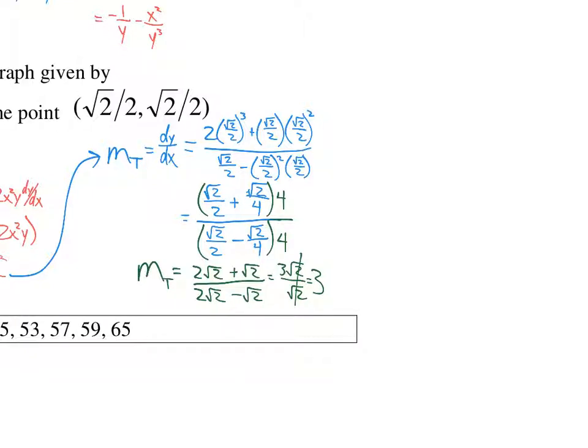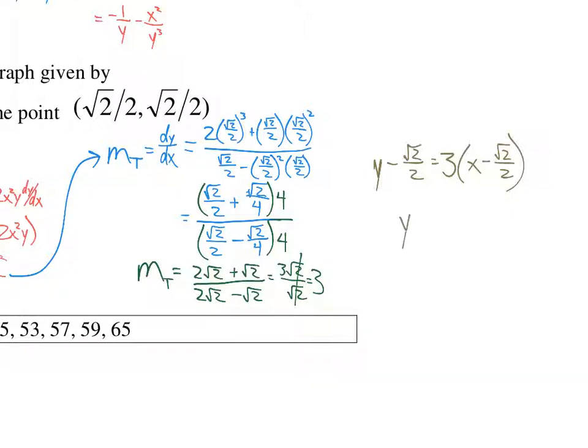And now, however you guys like to find the equations of lines, go for it, alright? So, change color one last time. I have y minus the y coordinate equals the slope times x minus the x coordinate.